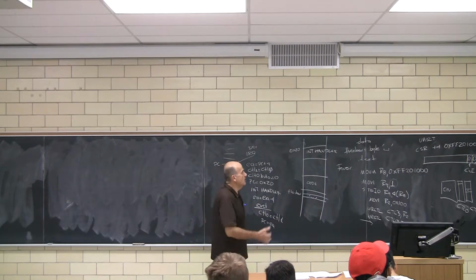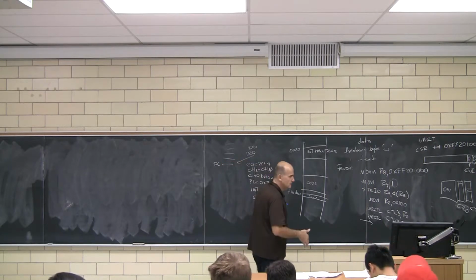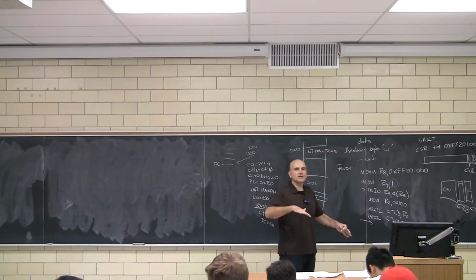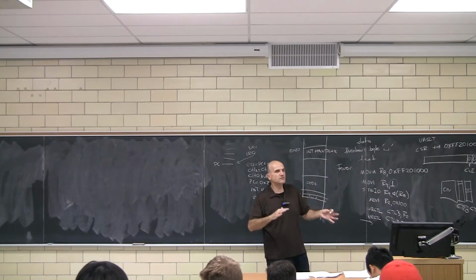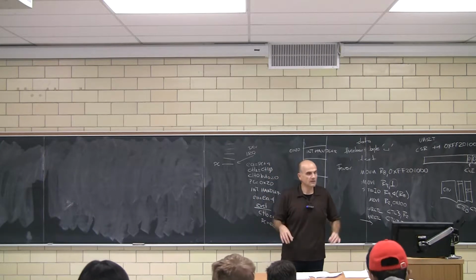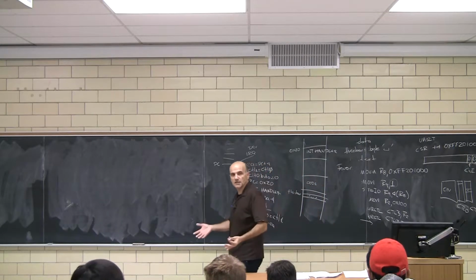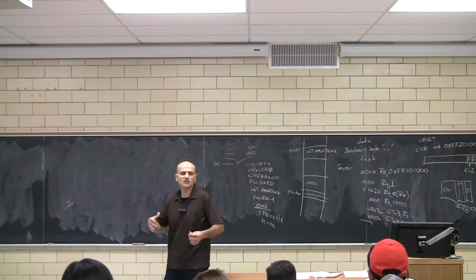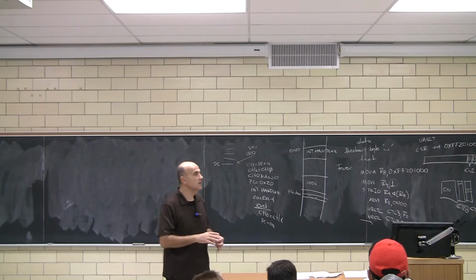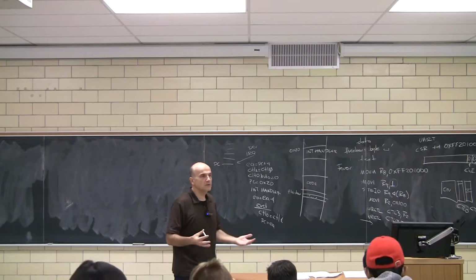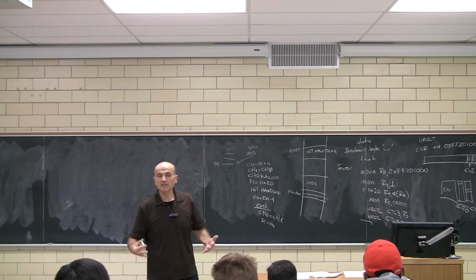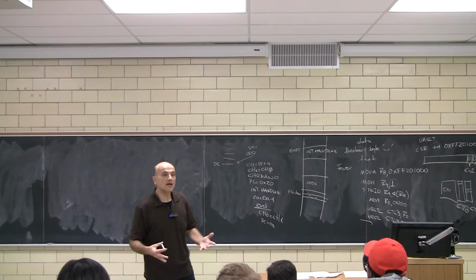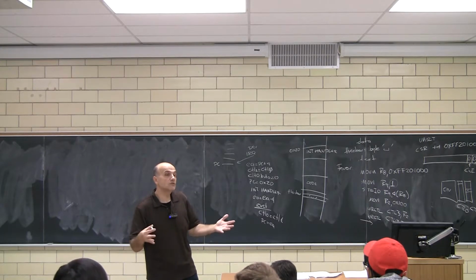Okay. Now, the way we wrote the code for the handler last time, we're using registers that we knew were different from the code because we controlled both of them. The reality is if you had a machine out there and you were writing software, chances are you're using libraries, and the interrupt may happen at any point. So you cannot assume that the registers that the interrupt handler is going to use are okay to use.